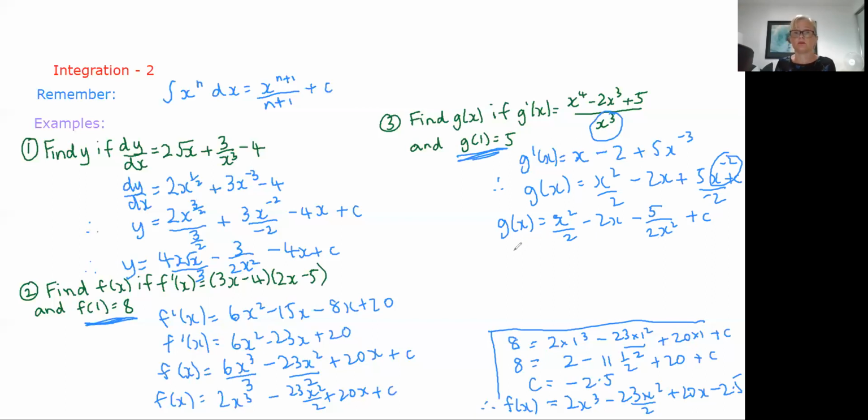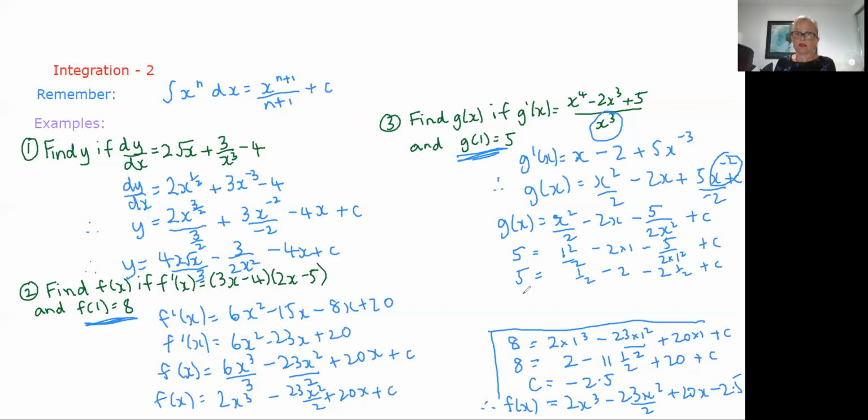just like we were in example 2. So 5 is 1 squared on 2 minus 2 times 1 minus 5 on 2 times 1 squared plus c. If you fiddle around with that for a bit, you get that 5 is a half minus 2 minus 2.5 plus c. What do we get?